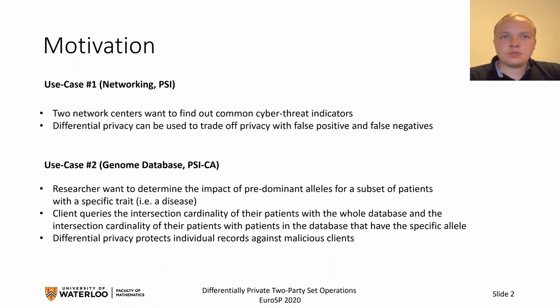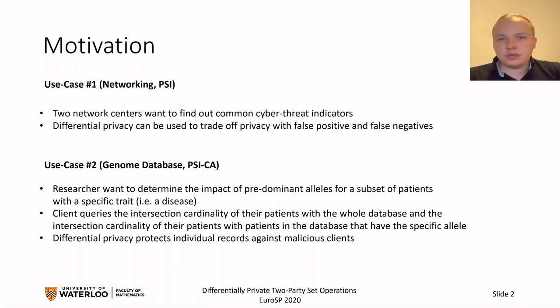Another use case would be private set intersection cardinality for a genome database. So here assume that a researcher wants to determine the impact that a predominant allele has for a subset of patients that have a specific trait.